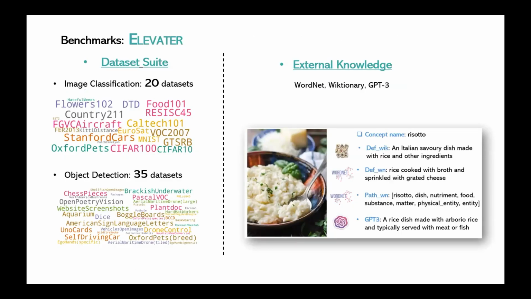Now I'm going to introduce our benchmark ELEVATER. In terms of data, we collected 20 image classification datasets and 35 object detection datasets, and they are public datasets. They represent either the academic setting or real-world settings.